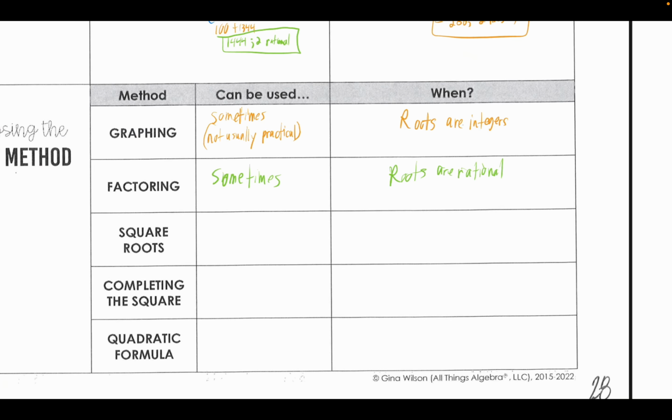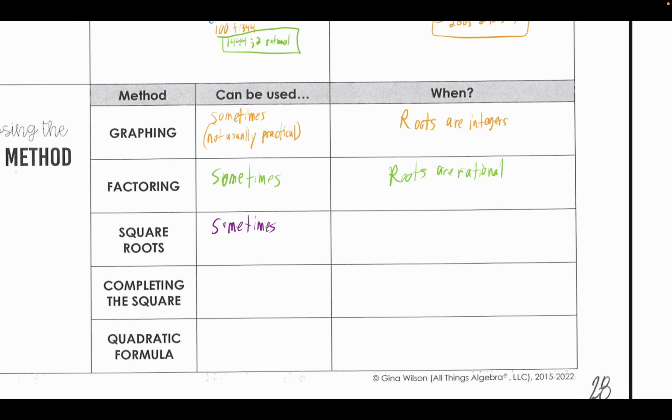If you attempt to factor a trinomial and you just can't find anything that works, then we say that's not factorable, and we'd have to move on and try a different method. However, when they are factorable, when they are rational roots, then factoring is a perfectly good method. Square roots can also be used only sometimes.